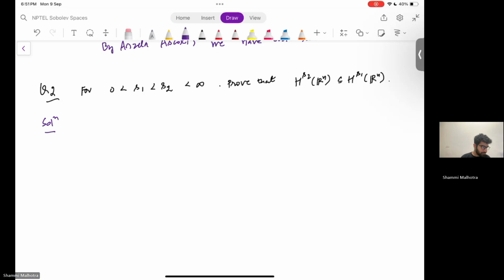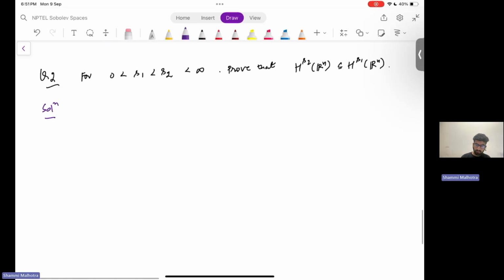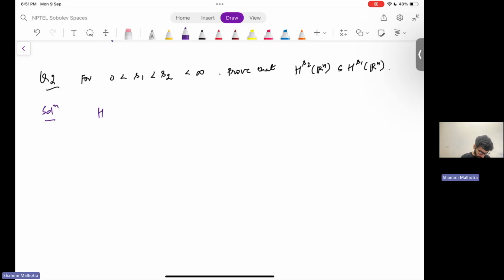Solution. Again, we use the same characterization of H^s(R^n), which is nothing but all those functions in L^2(R^n) such that (1 + |xi|^2)^(s/2) u hat is in L^2(R^n).